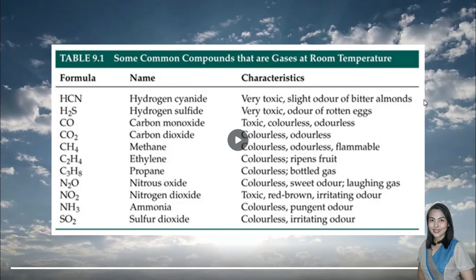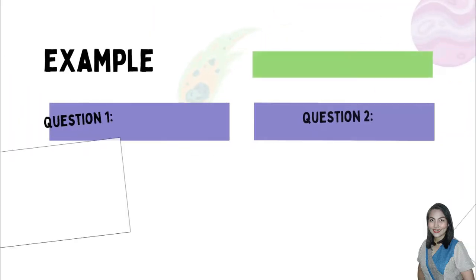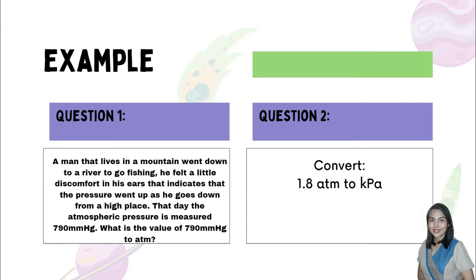So dear learners, please prepare your pen and paper because we will try to solve some problems. We have two questions and you will be given 5 minutes to solve these two problems. Let's read problem number 1. A man that lives in a mountain went down to a river to go fishing.